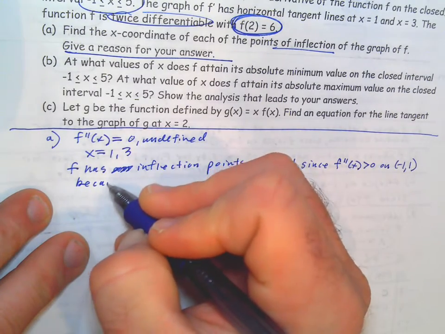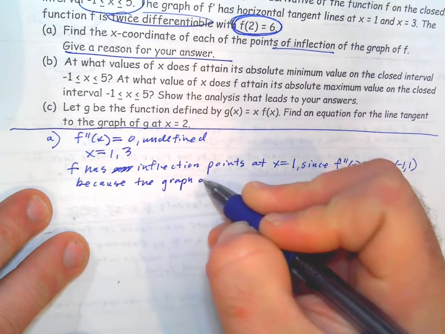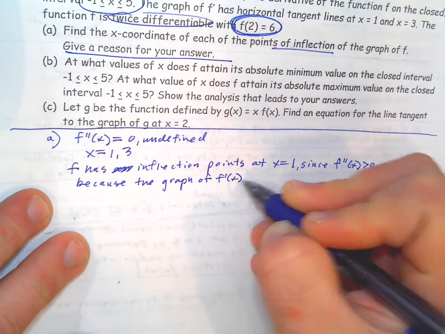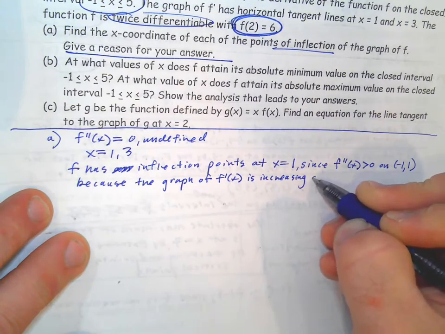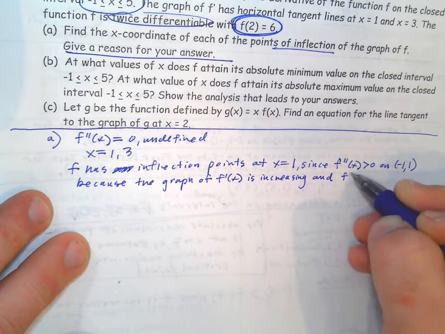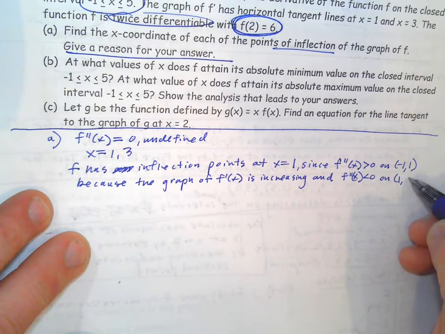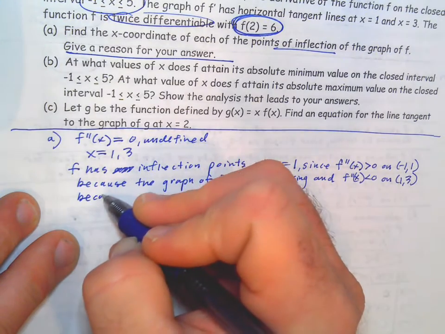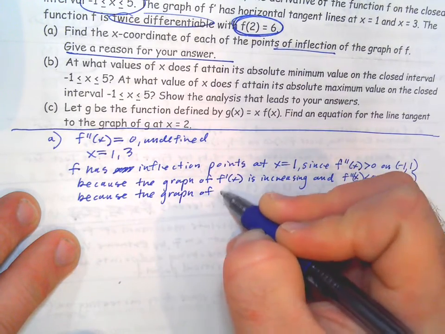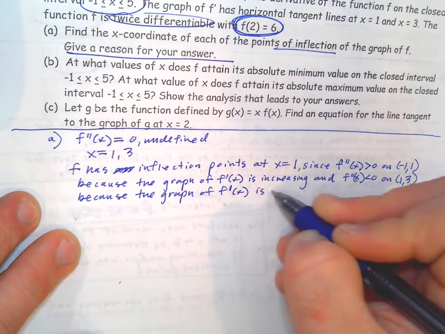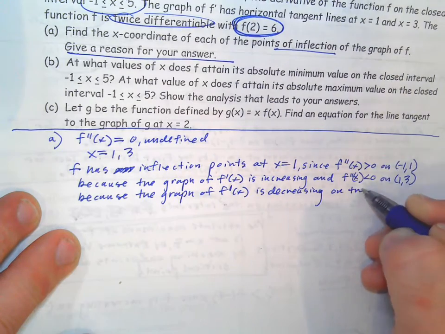Because the graph of f prime is increasing. And f double prime of x is negative on the interval 1 to 3 because the graph of f prime is decreasing on the same interval.